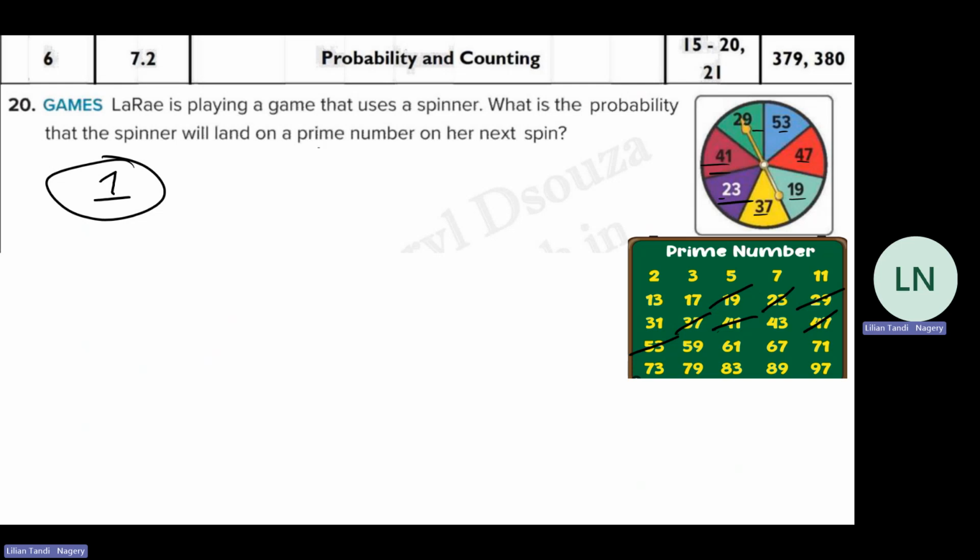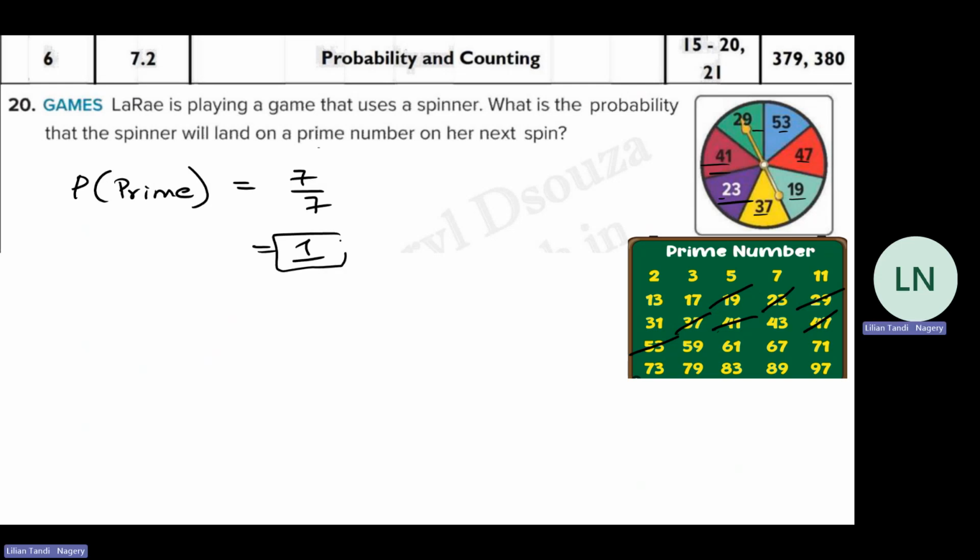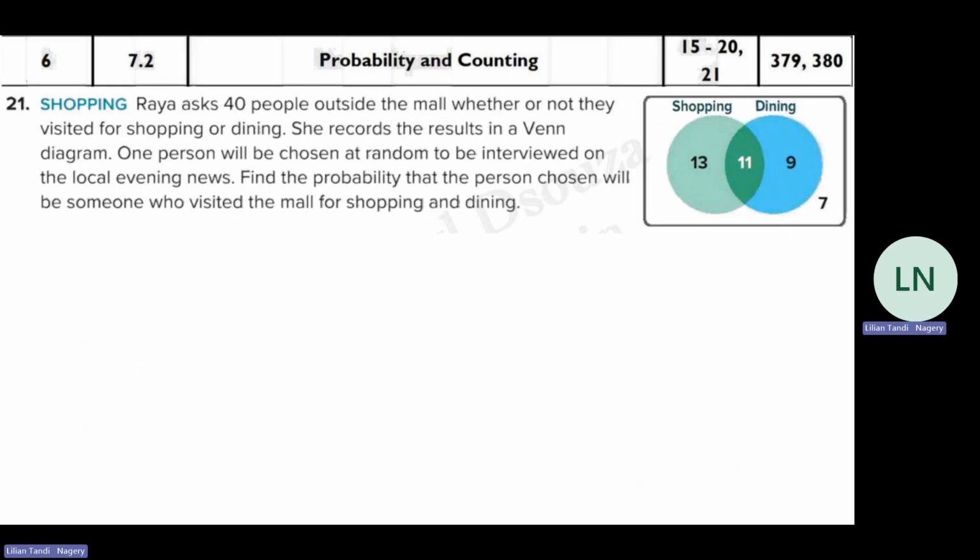The answer to that is 1 or 7/7. Okay, let's write it correctly. Probability of prime numbers will be 7/7, which equals 1. But if I choose everyone, I just choose 1. Don't make your life difficult.